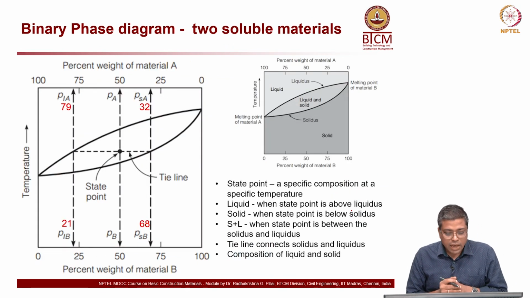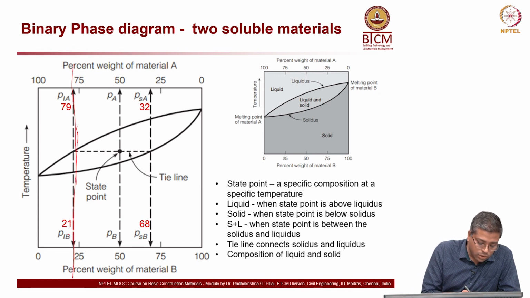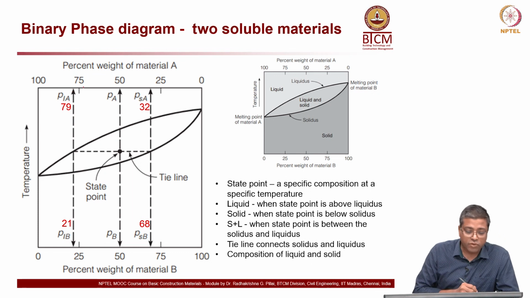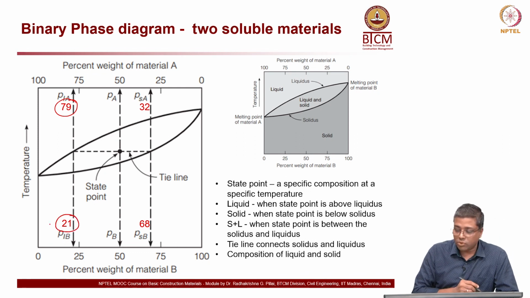Now the same diagram, a little bit more with an example here. Let's take a composition along this line, where here it's the percentage of B and the percentage of A. You have 79% A and 21% B in this line.